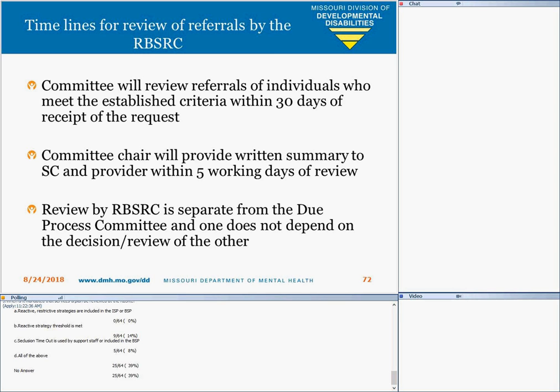One of them is that when somebody's referred or requested to have their planning team and supports reviewed by the committee, the committee will meet that request within 30 days of receipt of the request. So the committee will review within 30 days of being requested to attend the committee.